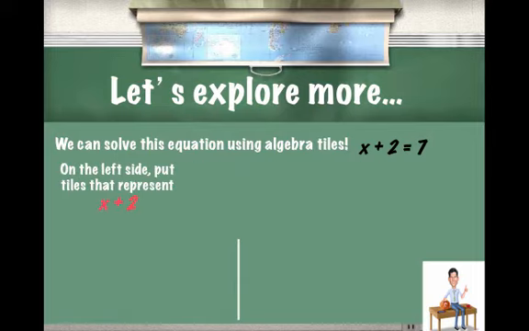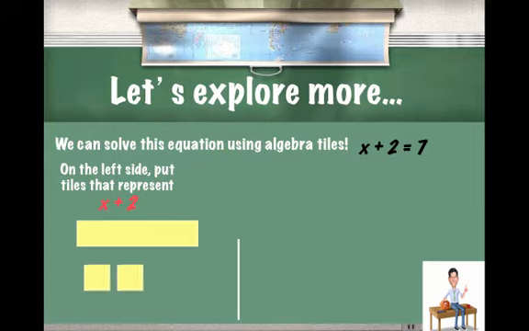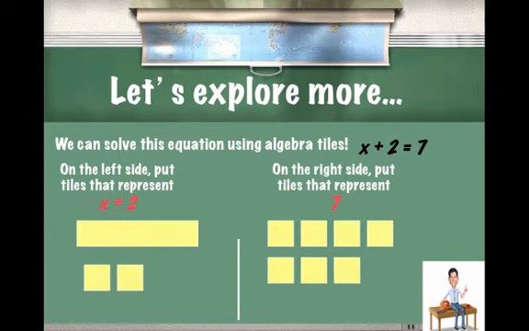So therefore, on the left-hand side, we put tiles that represent x plus 2. We have our 1 variable tile and our 2 unit tiles for x plus 2. On the right-hand side, we put tiles that represent 7. So in this case, 7 yellow tiles.